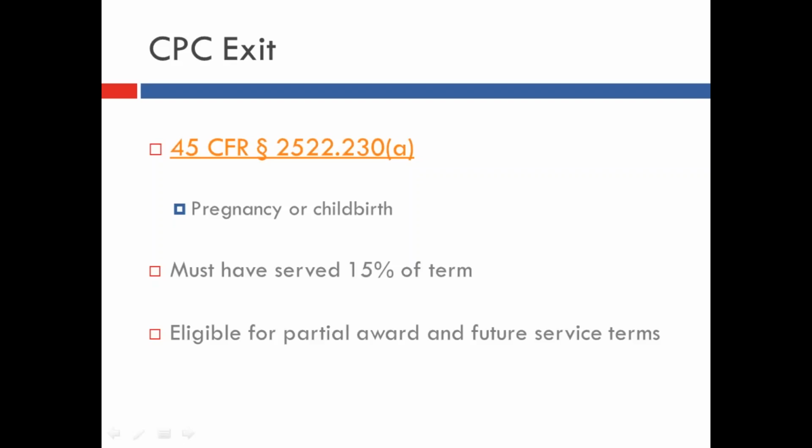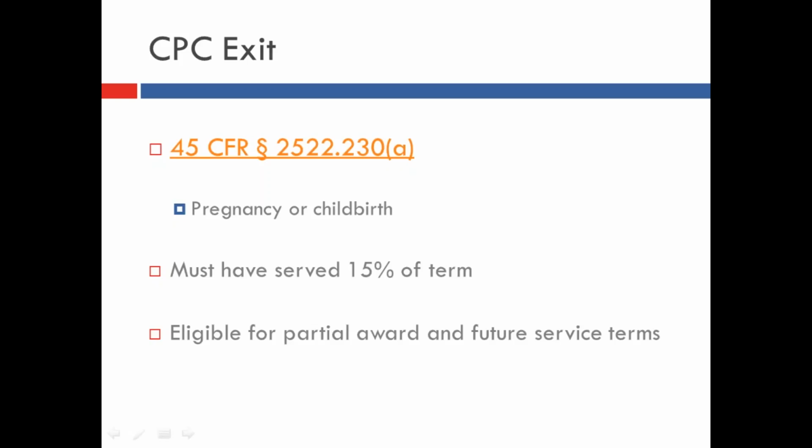The one thing that I want to specifically mention is that in the FAQs, they talk about pregnancy and childbirth being, and in the law in some places, talking about how it could potentially be determined to be compelling personal circumstance for an exit if they prevent a member from completing a term of service.